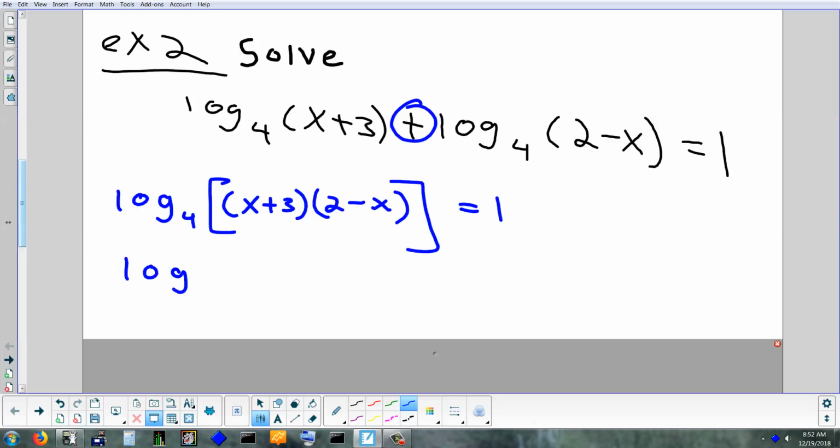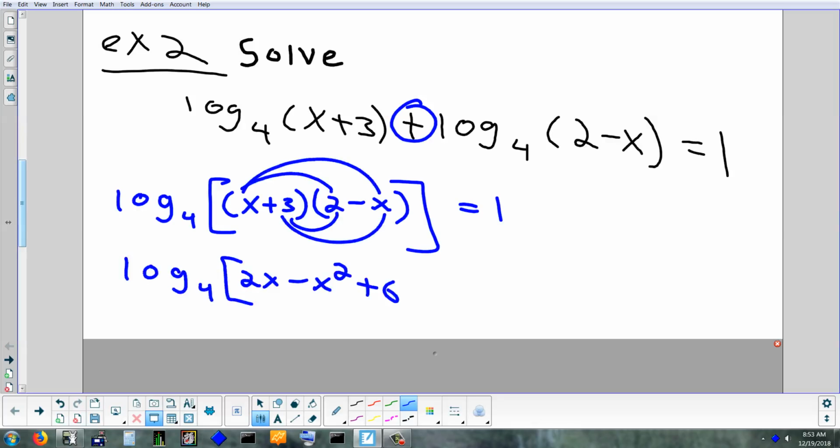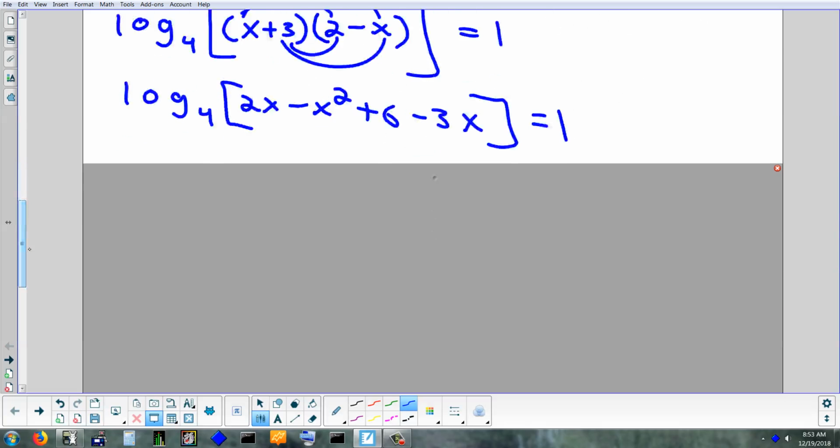So we've got log base 4, and let's do it out. x times 2 gives me 2x. Then x times negative x is negative x squared. 3 times 2 is 6. And 3 times negative x is negative 3x.